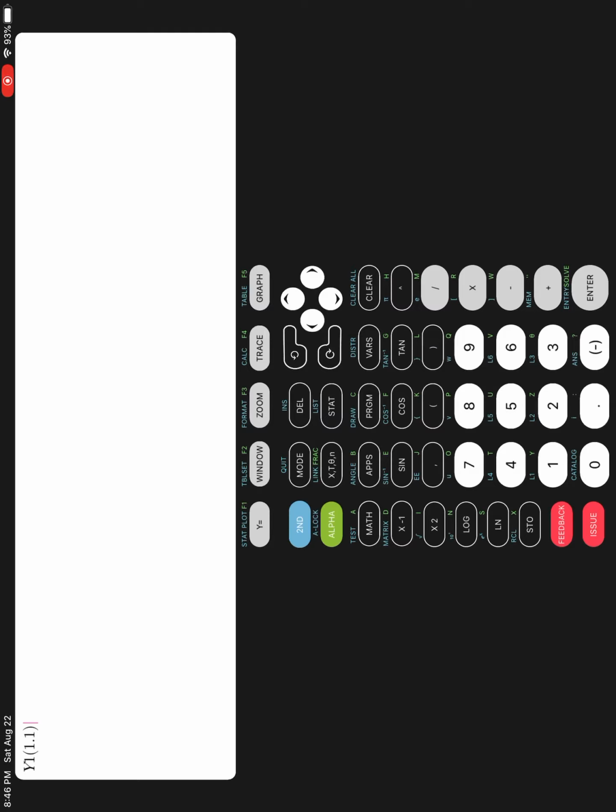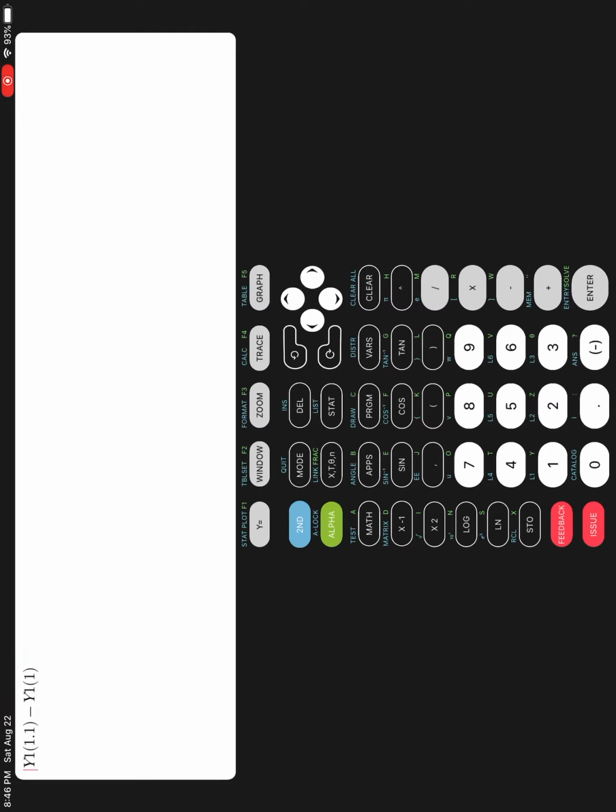So that means I'm plugging in 1.1 for x. Then I'm going to subtract, doing the same thing: vars, Y-vars, select Y1, and put parentheses. So now we have Y1 of 1.1 minus Y1 of 1, which is like saying f of 1.1 minus f of 1. That's what we wanted to begin with.